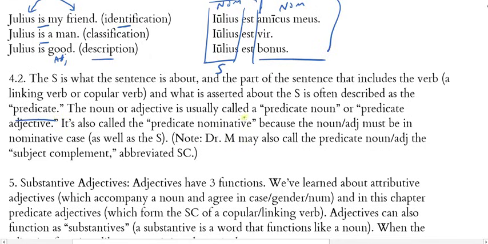The noun or the adjective is usually called a predicate noun or a predicate adjective, and it's also called the predicate nominative because that noun or adjective must be in the nominative case, as we saw up above. The subject as well will be in the nominative case, but this is the nominative case form that's in the predicate. It's in the part of the sentence that has the form of be, and then any attendant nouns, adjectives, and modifiers.